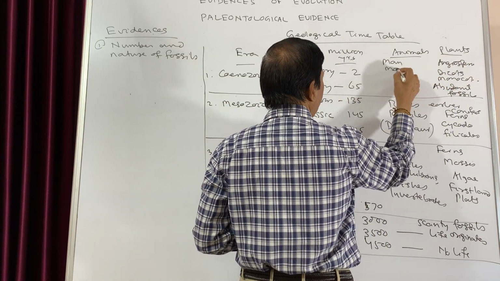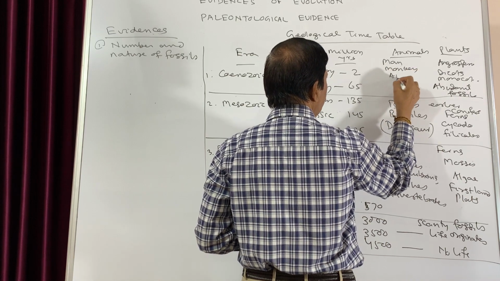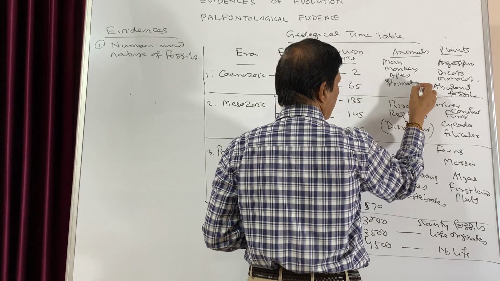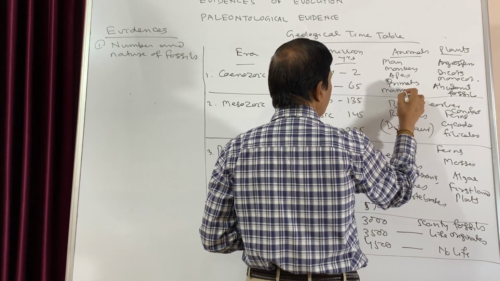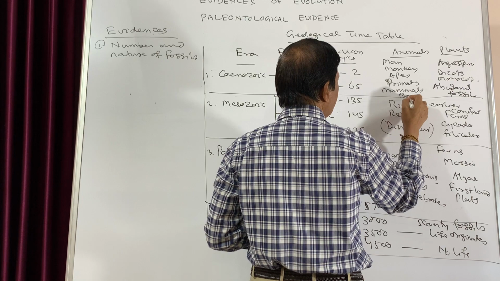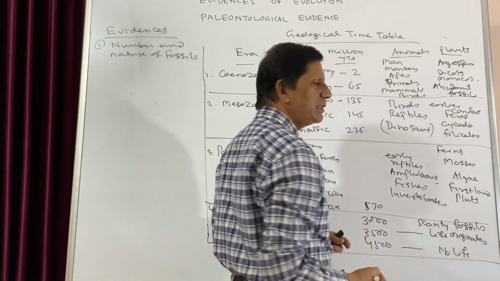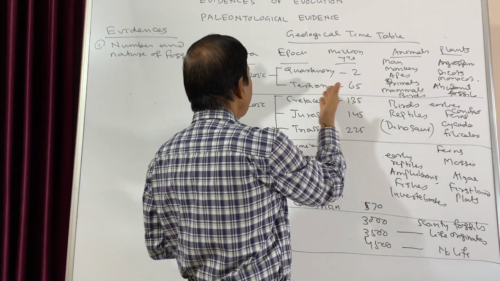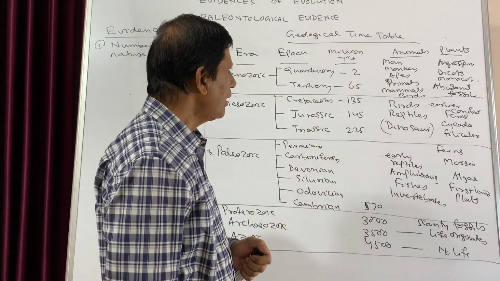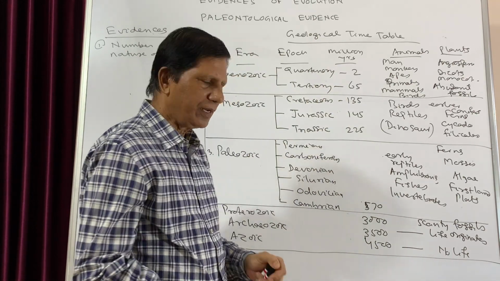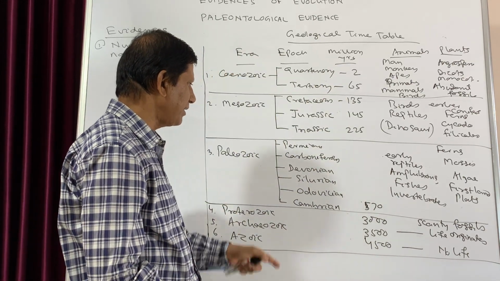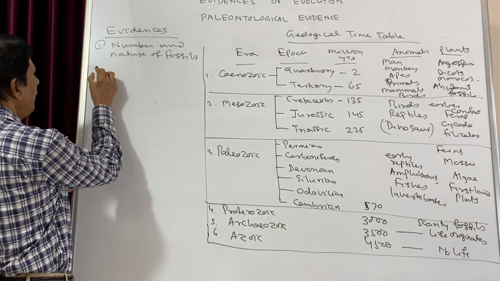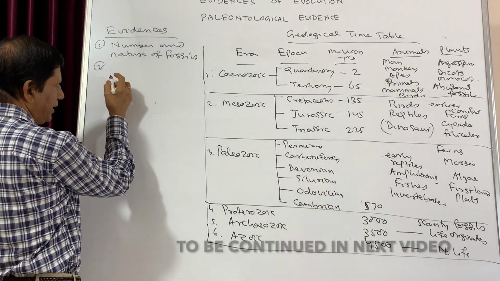Earlier we will get monkeys, apes, primates, and other mammals, birds. All these things we will get. So the earlier man was also evolved in this Cenozoic period. So if we analyze the entire fossils, this is the second point. The second point is distribution.